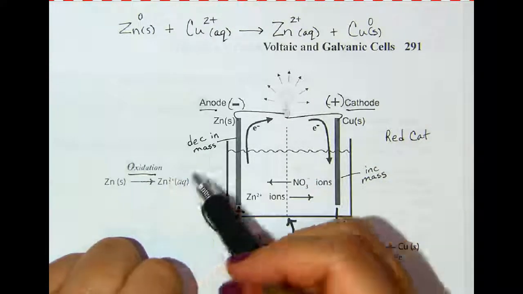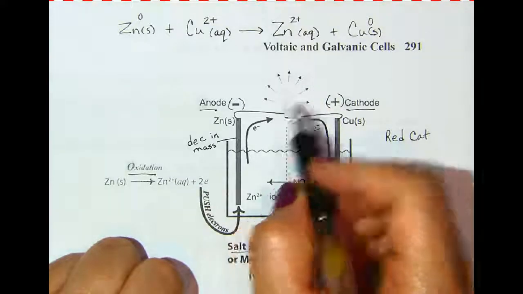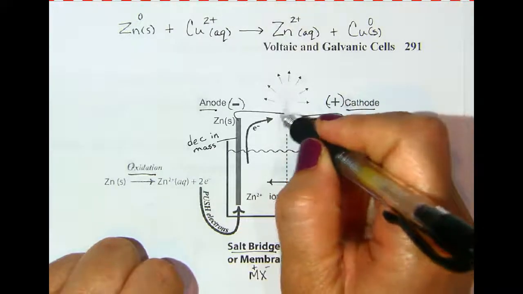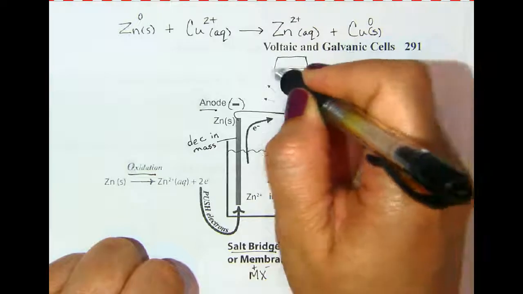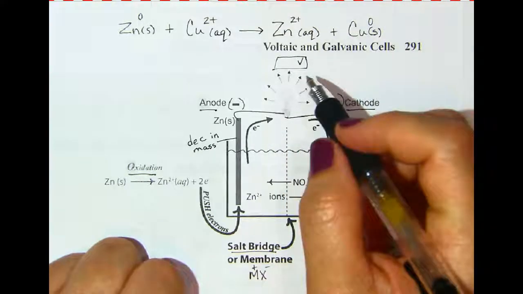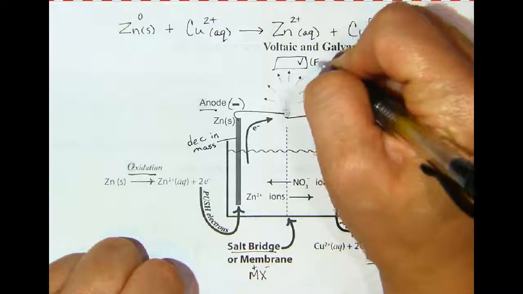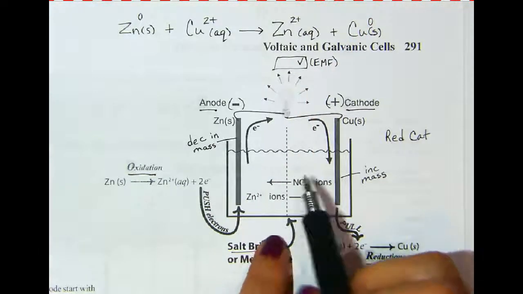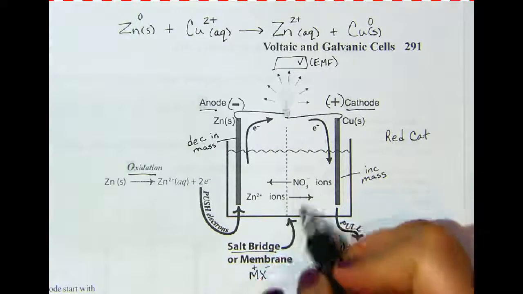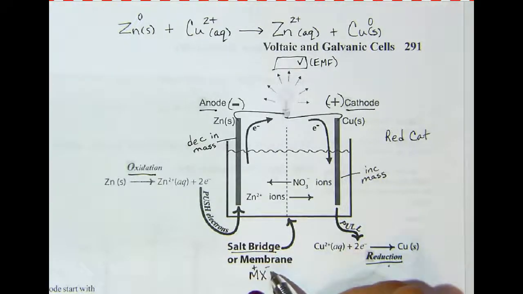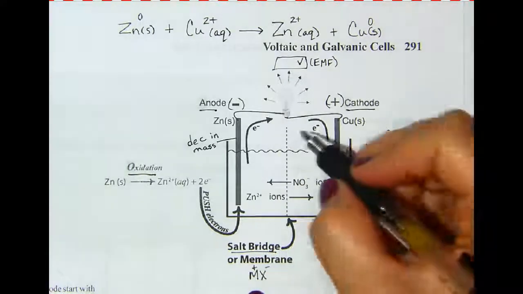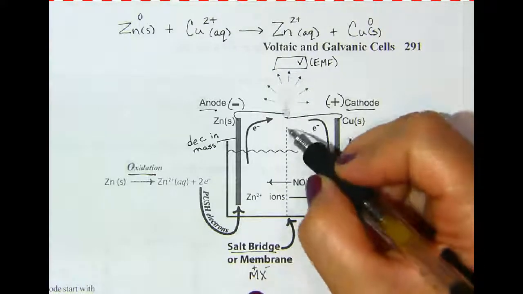The force pushing the electrons is called the voltage, and so that would be measured somewhere in this area right here. You would see a voltage, or the electromotive force, also known as the EMF. The ions complete the circuit, and so you'll notice we have some ions, and those are generated by what's called the salt bridge. And in this case, this is the salt bridge or salt membrane.